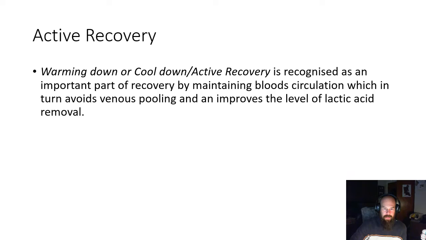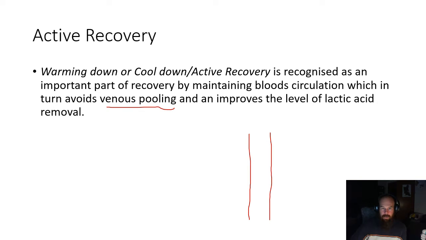So we see here the term venous pooling. If you don't know what venous pooling is, I'll draw a little diagram here. We have our oversized vein. The thing about veins is they don't have as much pressure as an artery does. The blood's on its way back to the heart, so it's not being pumped out with all that much force.